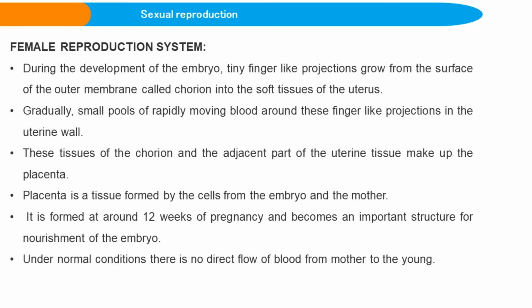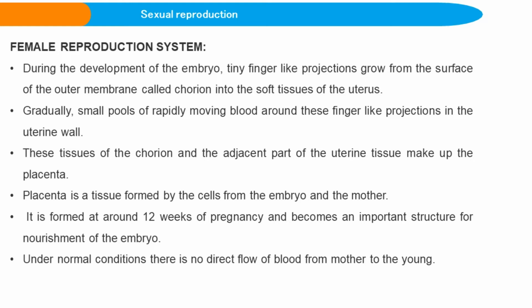These tissues of the chorion and the adjacent parts of the uterine tissue make up the placenta. The placenta is a nourishing tissue. It is formed by the tissues of the chorion layer and the tissues of the uterus, around the 12th week of pregnancy, and it is the important nourishing tissue for the embryo.